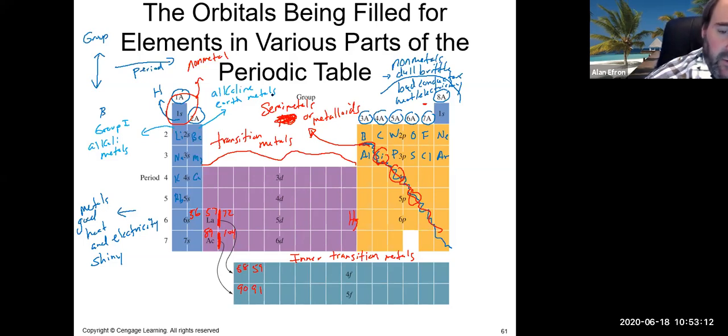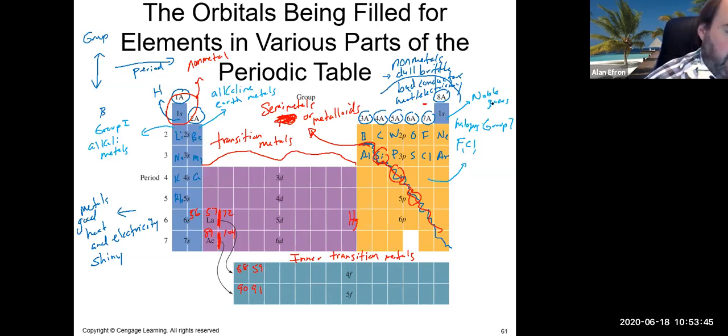If we come over to group number 7 here, I'll just write it here, but it starts with fluorine, chlorine, and so forth. These are our halogens. So group number 7 on the periodic table is our halogens. And as we talked about last time, group number 8 is our noble gases.